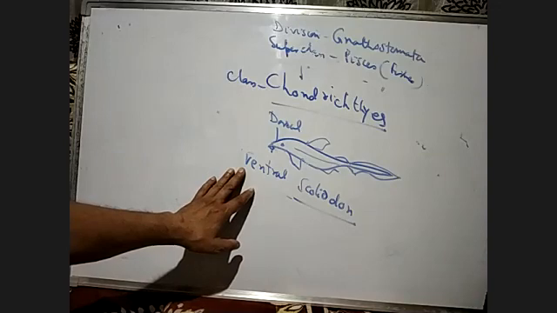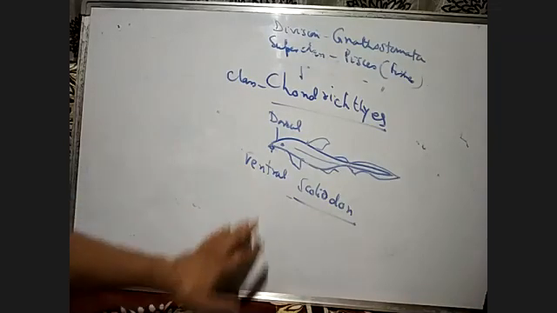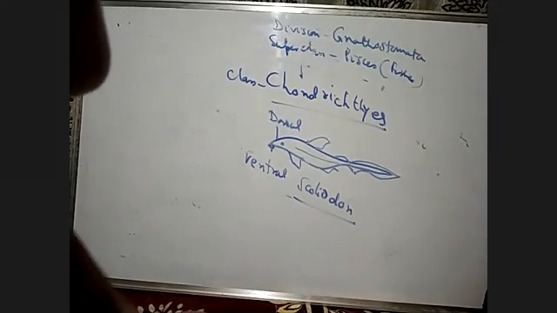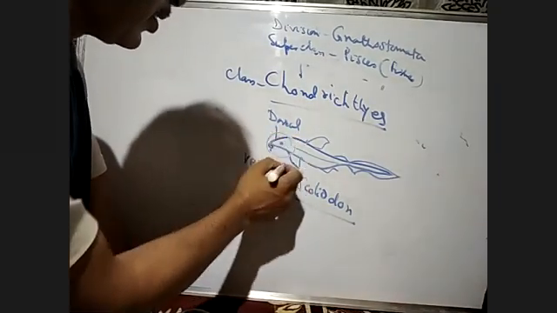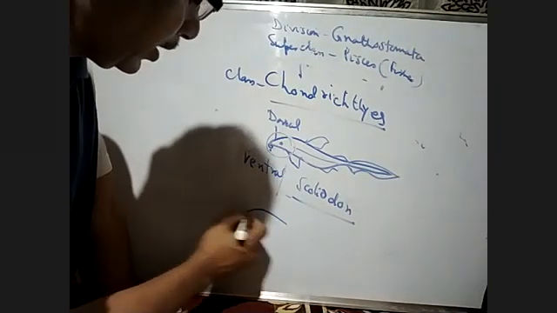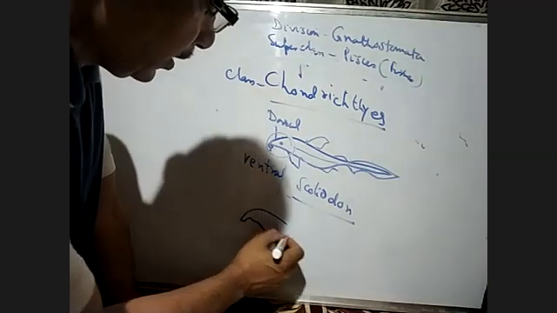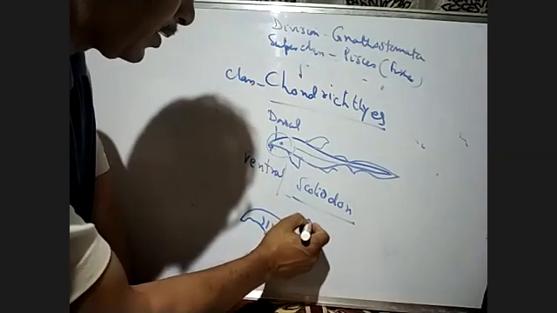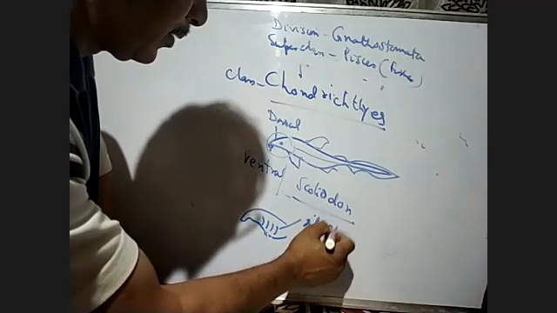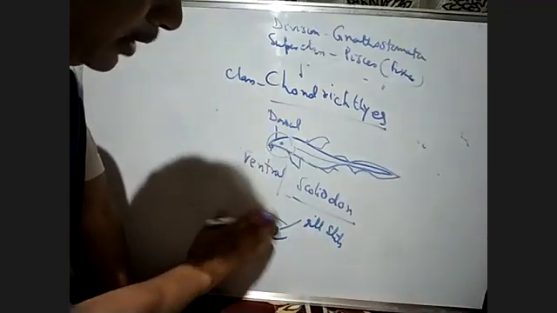The gill slits are separate and without an operculum. Look at this structure here; these are the gill slits, without any gill cover.